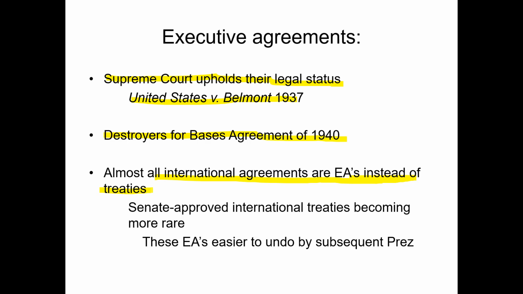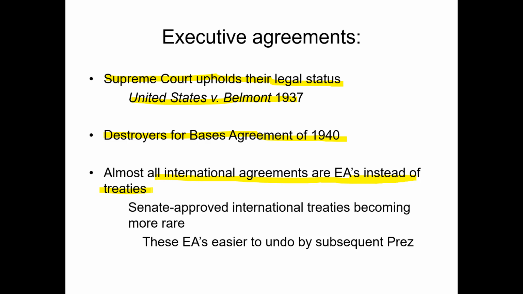However, these executive agreements are easier to undo by the next president that may not agree with them. More than likely, if it's a different party, they could just totally tear those up, such as what President Trump did with the Paris Accords, as well as the agreement with Iran on their nuclear program.